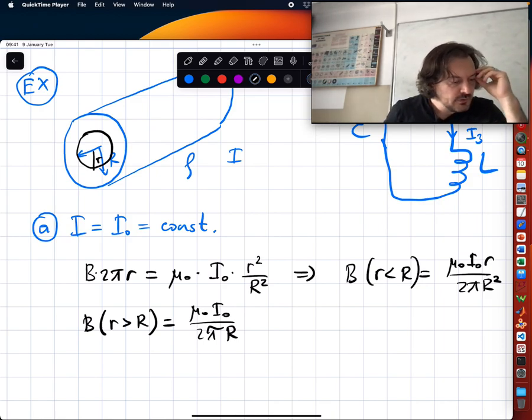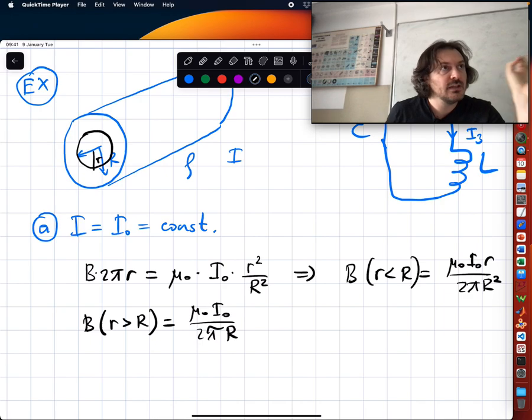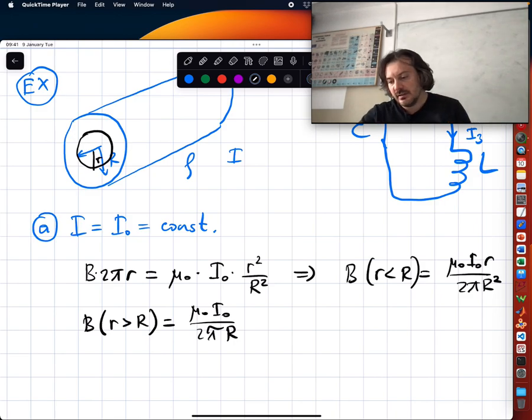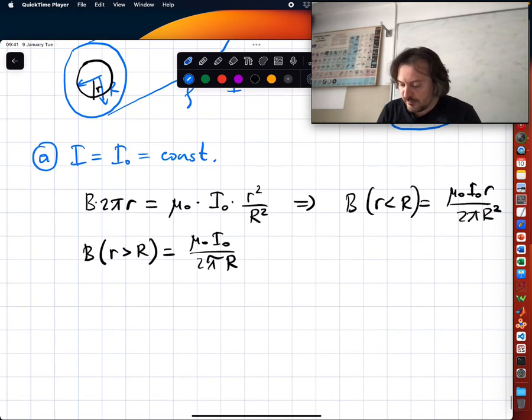Part B. What is the electric field inside the conductor? It is 0 if it is electrostatic. But there is a current, so for this one you need to remember the relationship of electric field and current density.